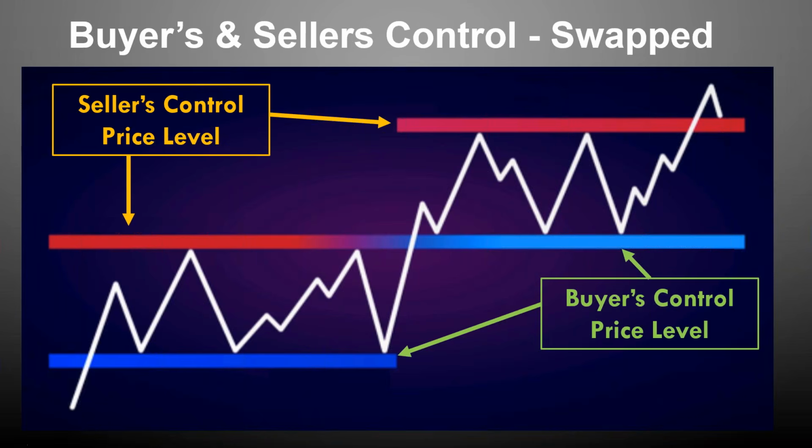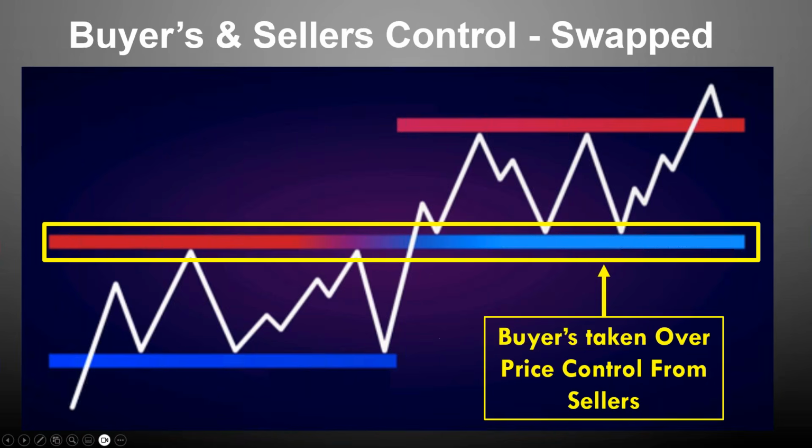When the price breaks out, we need to see something very important: how it's changing the control. In this case, red is seller's control, and here is buyer's control. What happened here? Buyer's control is shifting and taking over the place from seller's control. That is exactly what you're looking for.